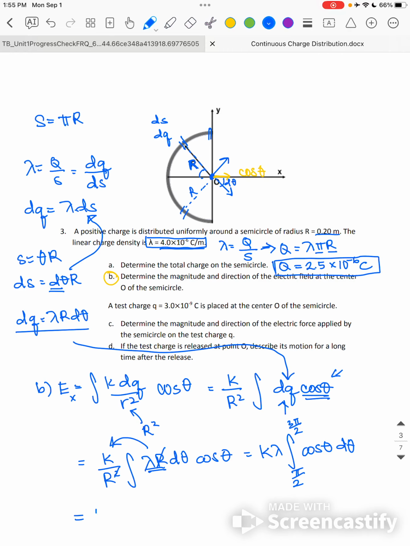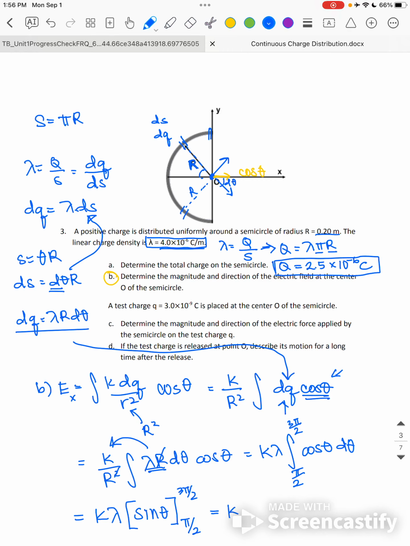So I'm going to take my constants and plug in the integral of cosine, which is sine. And then my upper limit is 3 pi over 2 and my bottom limit is pi over 2. You can find these angles in your equation sheet as well.